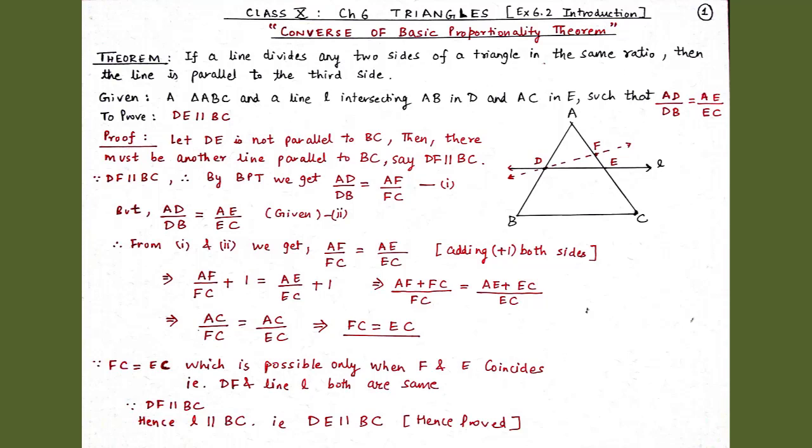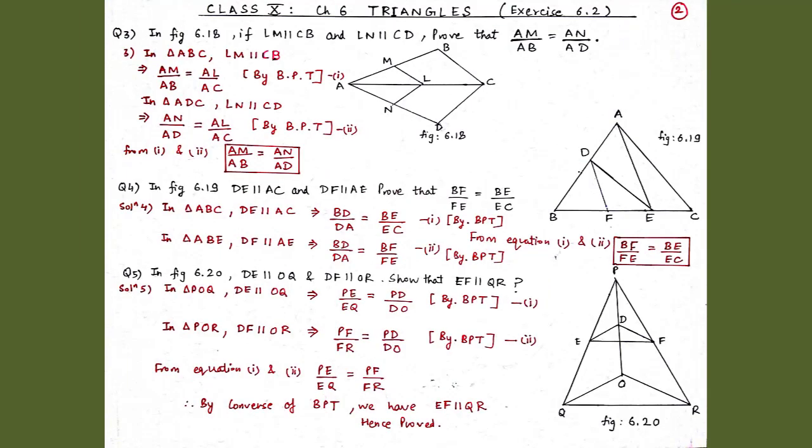So from here we get FC is equal to EC, which means that both F and E will coincide. So as per our figure, the line L and line DF both are the same. Therefore, if DF is parallel to BC, then the line L is also parallel to BC, that is DE is parallel to BC. And hence, by converse of BPT, we have proved that the line DE is parallel to BC. And now we'll do some questions based on exercise 6.2 of our chapter 6 triangles.